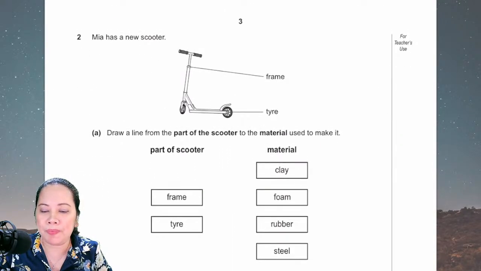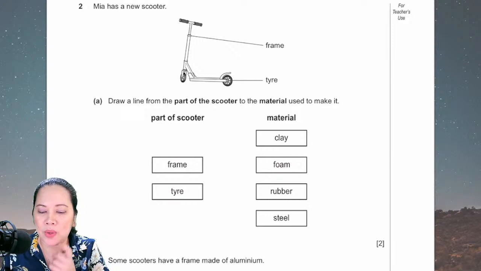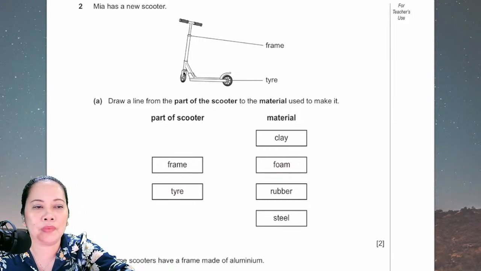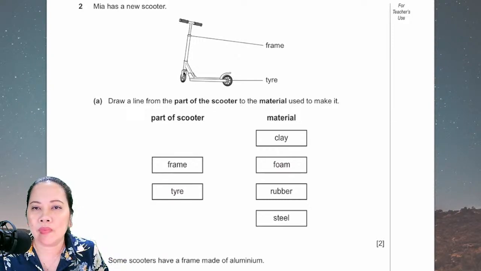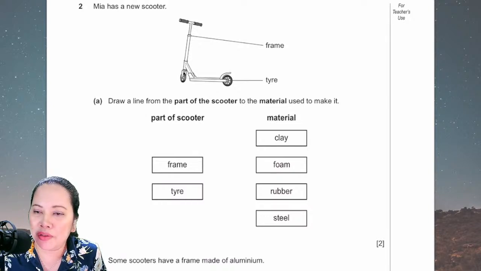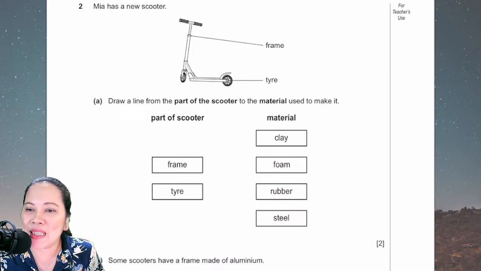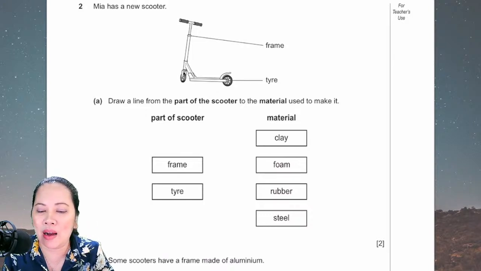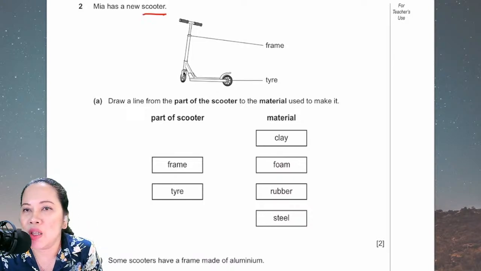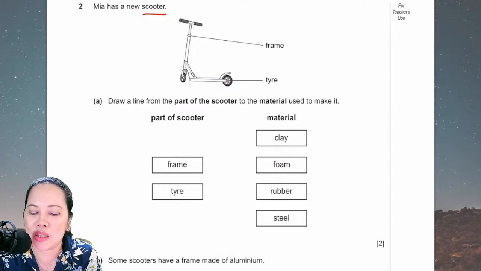All right. Let's answer this question. Okay. So this question is about a scooter. Obviously, it's about a scooter if you can read it. Mia has a new scooter. Wow. New scooter. So these are the parts of your scooter. This is your frame. This is your tire.